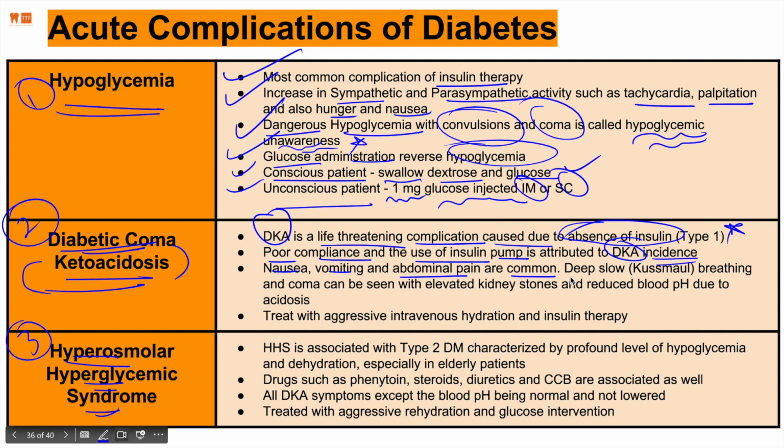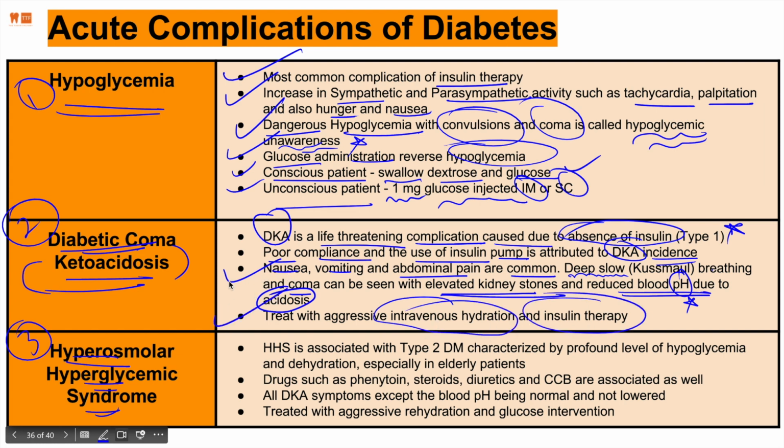But very peculiar are deep, slow Kussmaul breathing. Coma can be seen with reduced blood pressure and reduced blood pH, not pressure, pH, guys, due to acidosis. Treat with aggressive intravenous hydration and insulin therapy.